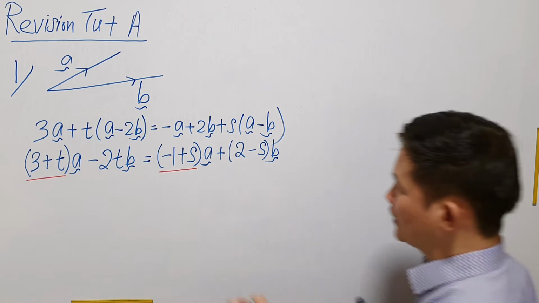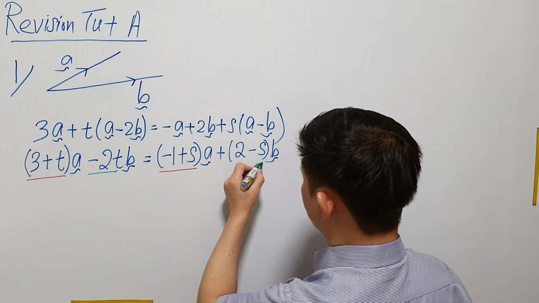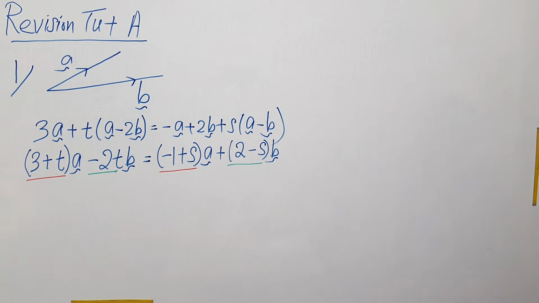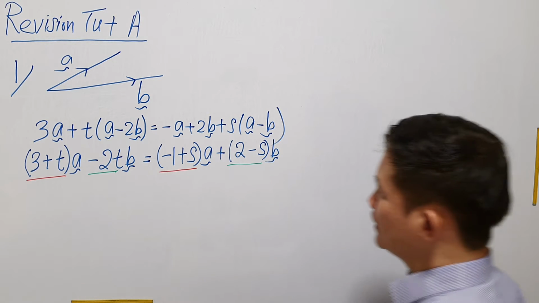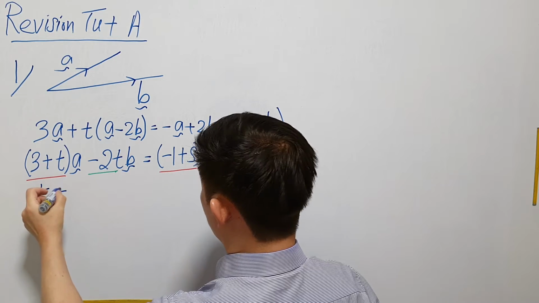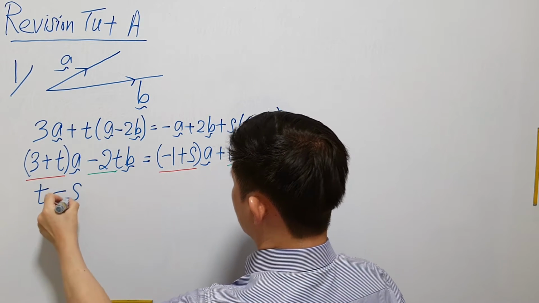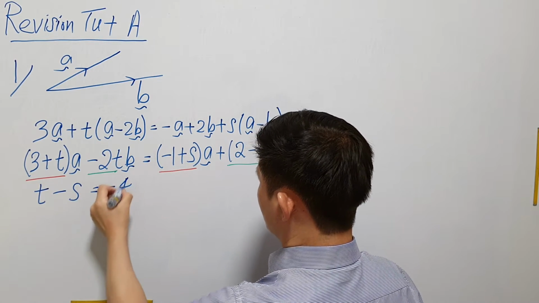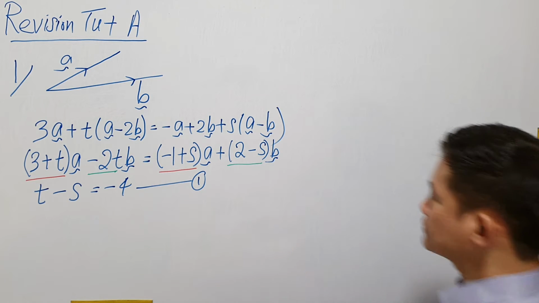So what you have here is that 3 plus t is equal to minus 1 plus s, or you can say that t minus s is equal to minus 4. This is your equation 1.